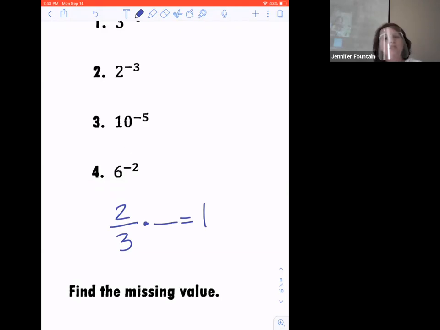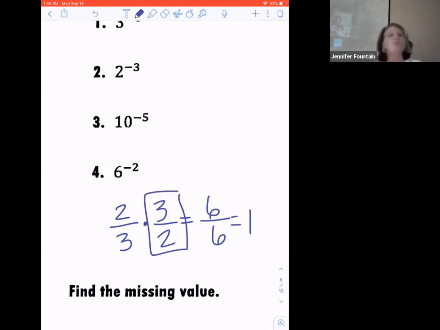What fraction could I multiply 2/3 by to get to 1? I could multiply by 3/2, because 3 times 2 is 6, and 6 divided by 6 is 1. We call this a reciprocal.